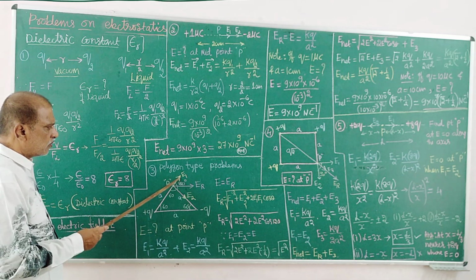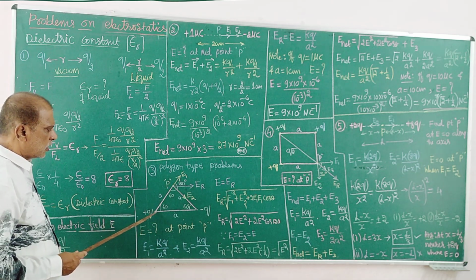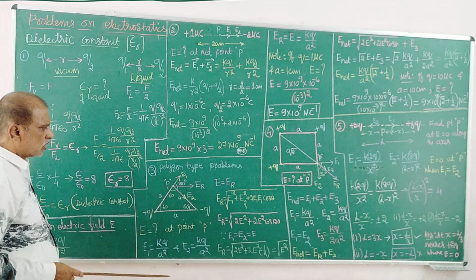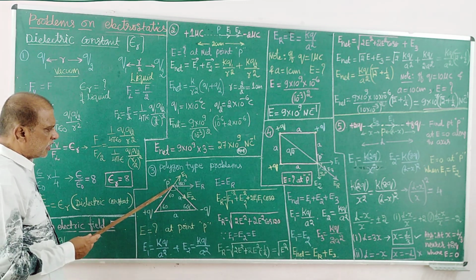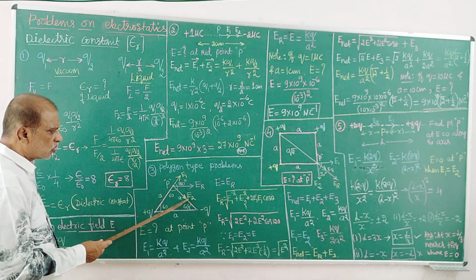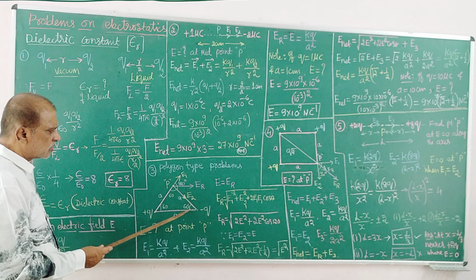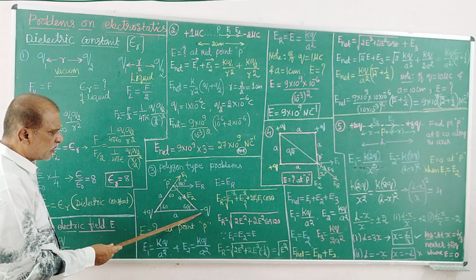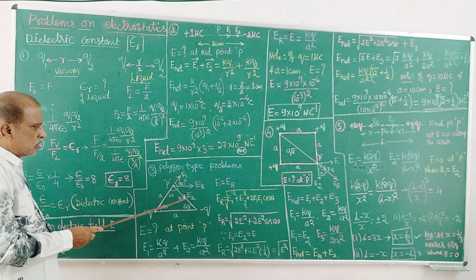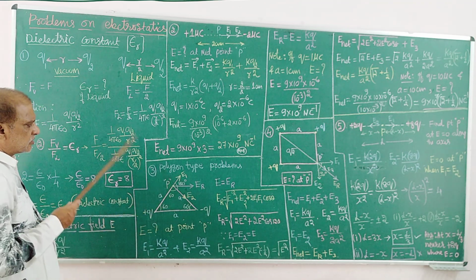The direction is this, because of plus, there is electrostatic repulsion. The electric field at this point due to this charge is E2. The direction is this, because of minus, there is an attraction between this point and this charge. The direction is this, not like this.